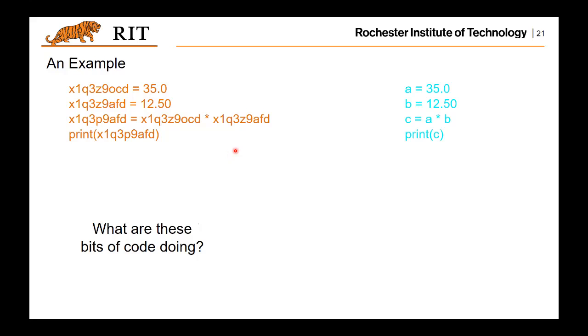We define a variable A, which is 25, a B, 12.5, and a C, which is the multiplication of A and B, and then you print C. By looking at this, it takes probably one second to understand it. So you can see, if you have a really easy to memorize name, it makes things much simpler, right?